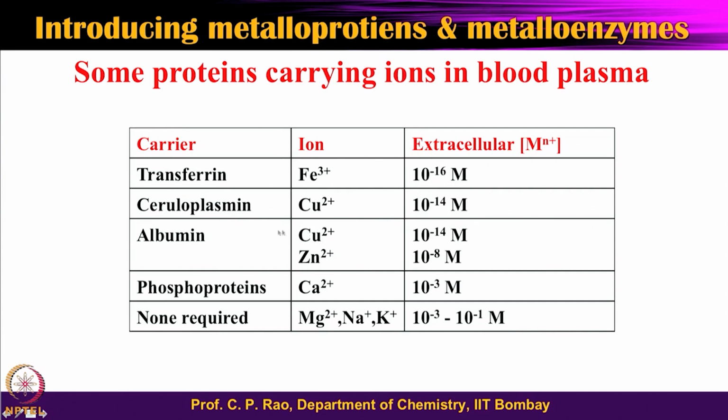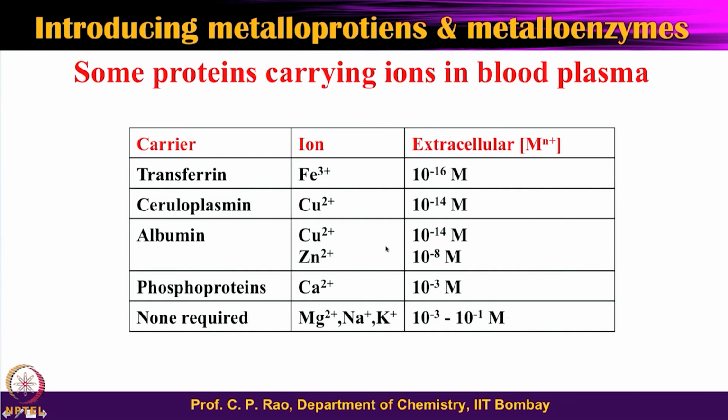In fact, many more are there. This is just a few. And their cellular or extracellular concentrations are, some of them, extremely low, but they are very important. 10 power minus 16 molar, 10 power minus 14 molar, albumin 10 power minus 14, and phosphoproteins, and so all these kinds.